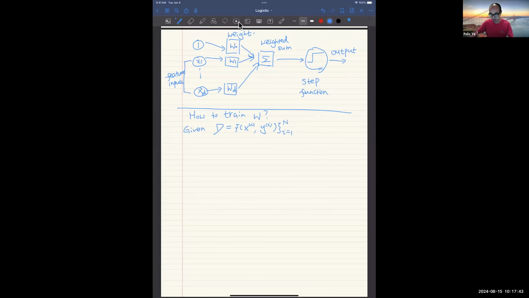So this is my training data set. Now I'm going to write the loss function. My loss function is basically, you can think about it as a mean square error.